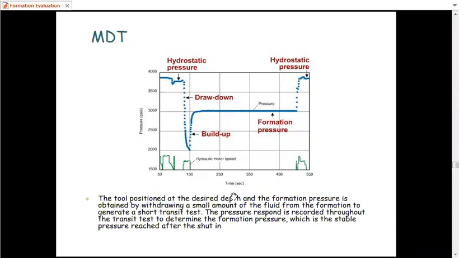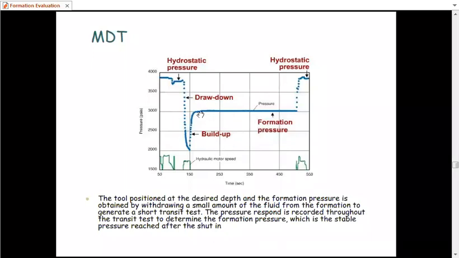The tool is positioned at the desired depth and the formation pressure is obtained by withdrawing a small amount of fluid from the formation to generate a short transient test. The pressure response is recorded throughout the transient test to determine the formation pressure, which is the stable pressure reached after the shut-in.